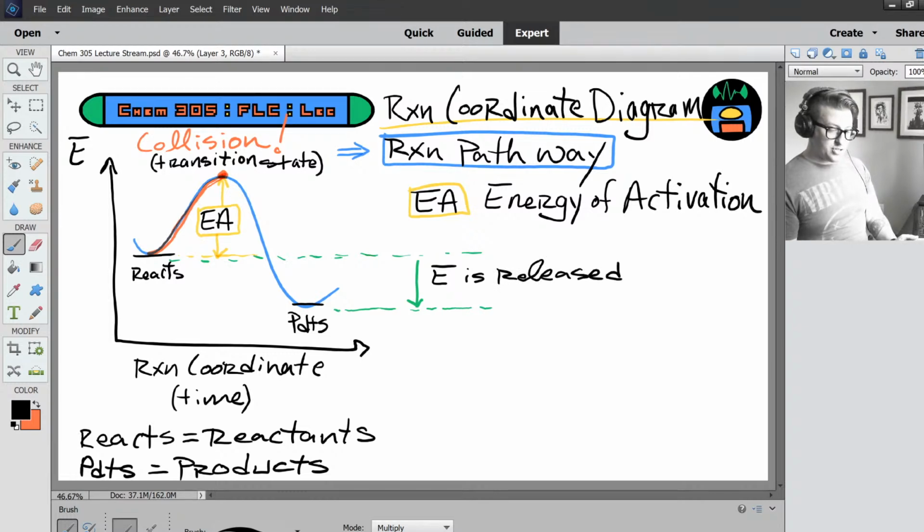All right. Energy is released in this reaction. And when energy is released, we say that the reaction is exothermic.